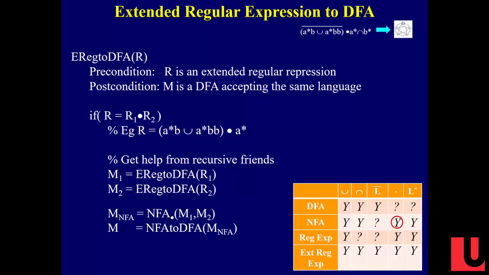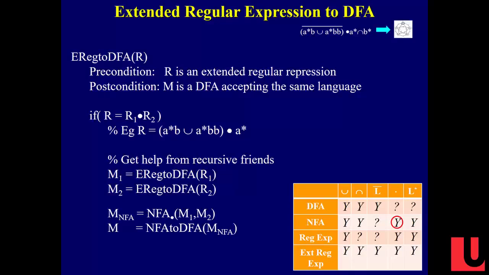All right, so I'm given a regular expression which is the concatenation of two other regular expressions. What am I going to do with them? I'm going to get my friends to make DFAs for them. And then I don't know how to combine two DFAs to get a concatenation DFA, but I do know how to combine two DFAs or NFAs to get an NFA.